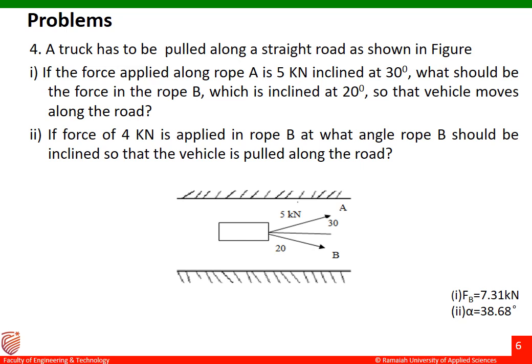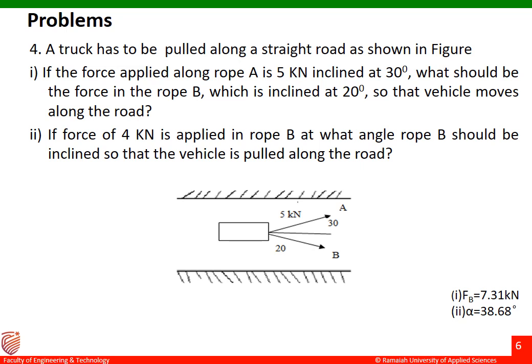So we have to find F_B first, and the next one is alpha. The answer for this problem is given at the end of the slide. You can see there F_B is equal to 7.31 kilonewton and alpha is equal to 38.68 degrees.